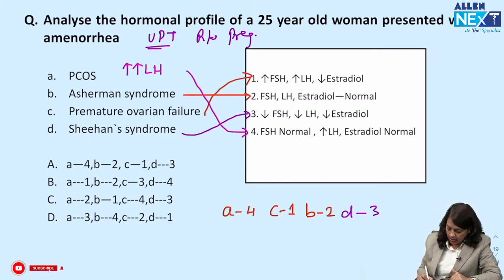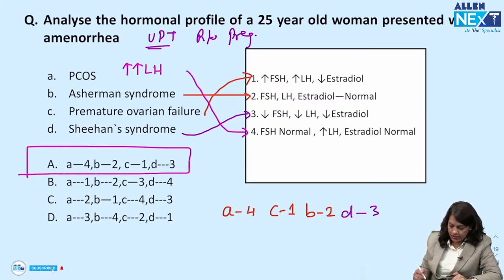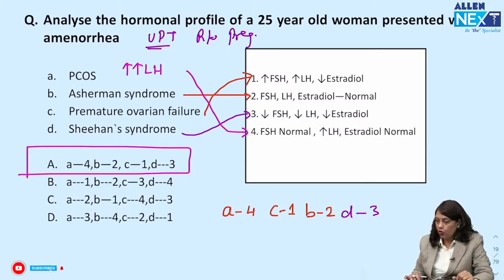Let us see. A goes for 4, B goes for 2, C goes for 1 and D goes for 3. Let us check once more. A is 4, B is 2, C is 1 and D is 3. I hope this is getting clear to you.